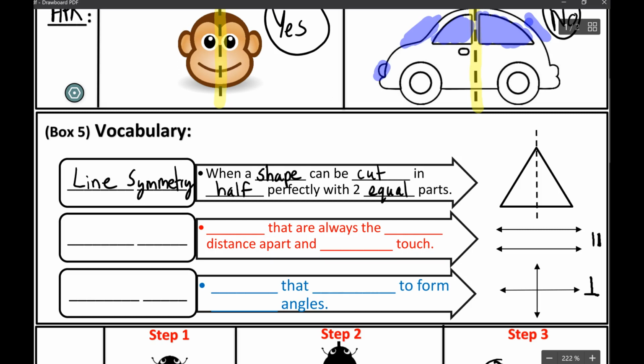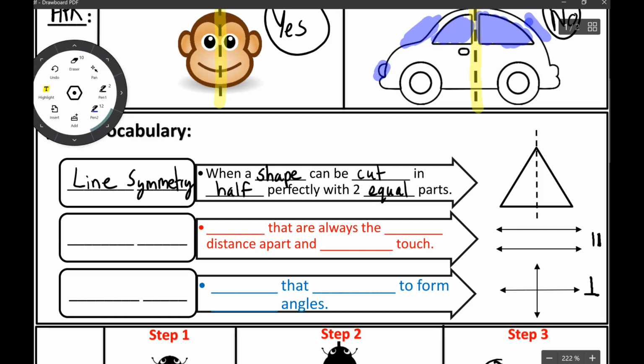Okay? So if I'm looking over here, I have my triangle, and you can kind of see that this is a line of symmetry because it cuts the triangle in half and it produces two equal parts when we fold it.